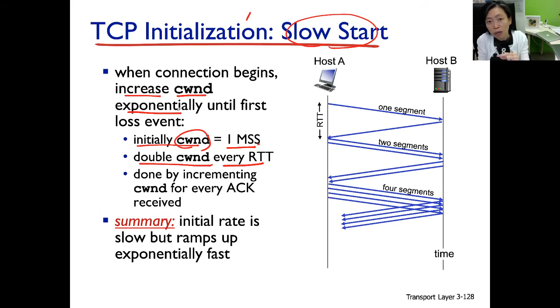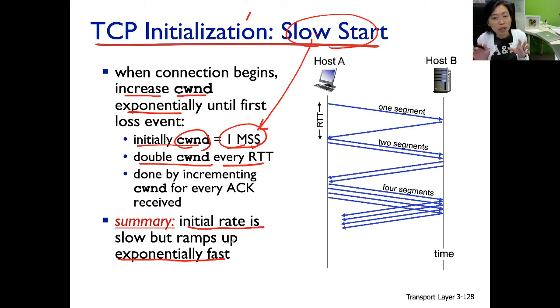So the initial rate is very, very small, 1. Slow start actually refers to the initial window size being the lowest possible, but the increasing rate is exponentially fast.